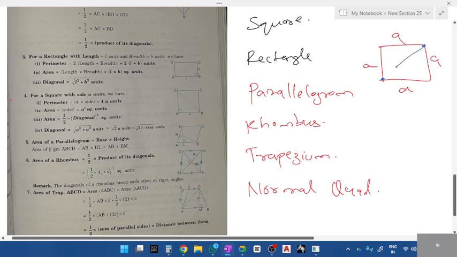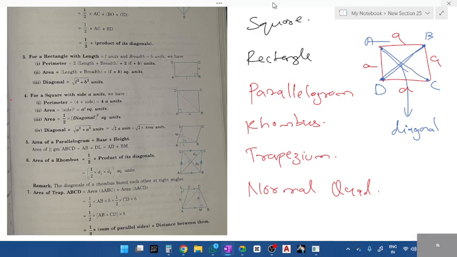And when I connect from one corner to the opposite corner, what do you call this? It's called a diagonal. So A, B, C, D. Look here, we have 4 corners. A to C. So in total, how many diagonals do we have? 2 diagonals and 4 sides.